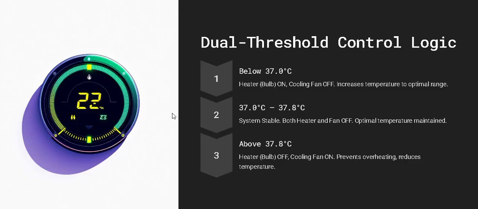When the temperature is between 37 to 37.8 Celsius, the system is stable and both the heater and fan remain off. When the temperature rises above 37.8 degrees Celsius, the heater turns off and the cooling fan turns on to prevent overheating. This logic ensures safe and precise temperature regulation.